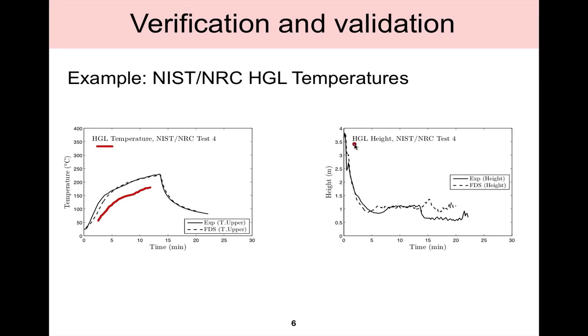On the right we have the hot gas layer height compared, and you see the general trends are followed by FDS. This is very useful for a couple of things. One thing it's useful for, the end users are able to see and quantify how well FDS performs for certain situations. Another thing that it's helpful for is for model developers.